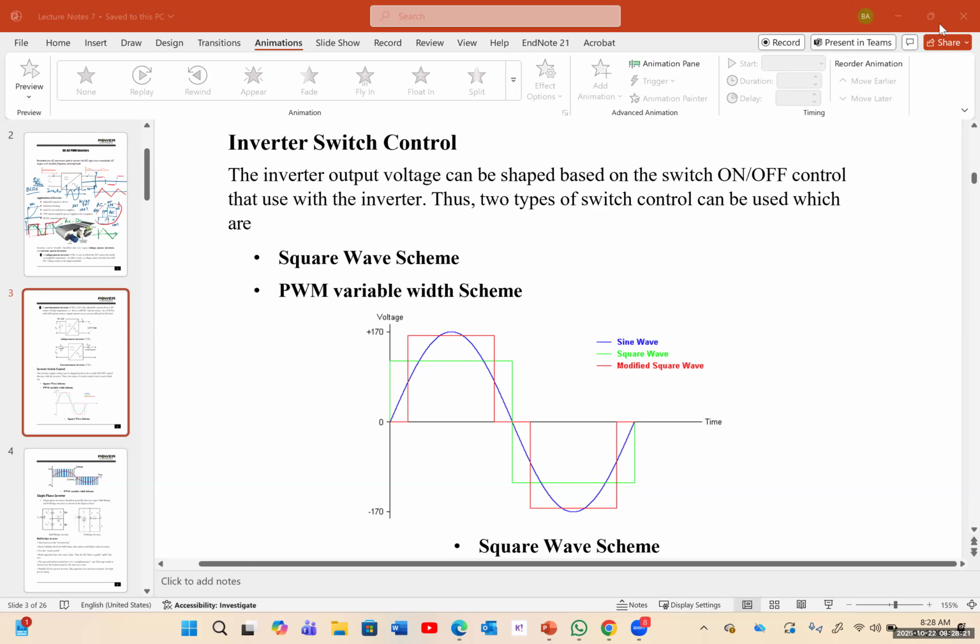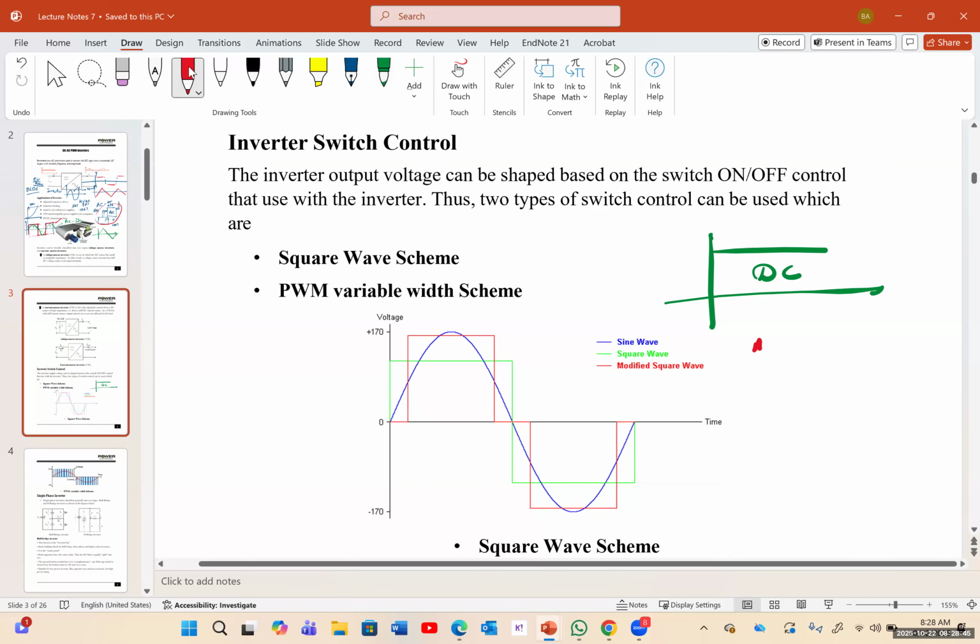Two types of switch controls can be used, which are the square wave scheme and the PWM variable width scheme. Now, one thing that I want to mention is, when we want to go from DC to AC, we can do it using a switch by turning it on and off.